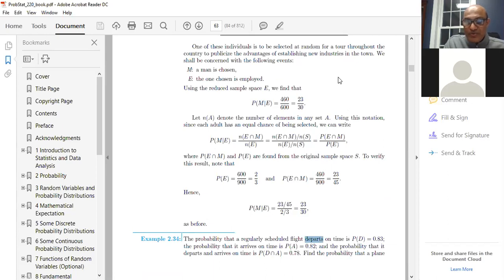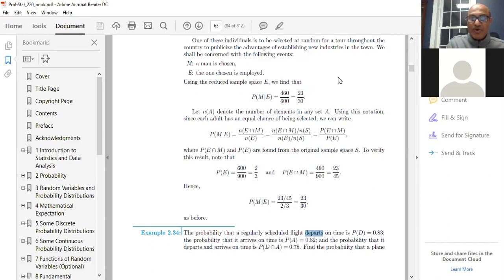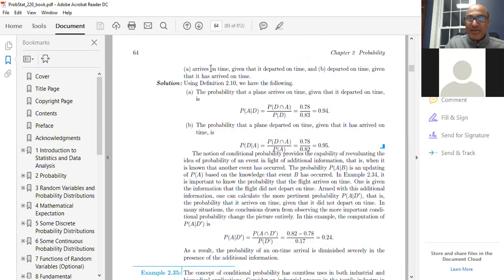Look at these two questions: probability of A given D, and probability of D given A. Please make sure that A given D and D given A are different events, and that's why the answers are different. It will not be the same answer. Please keep this in mind.